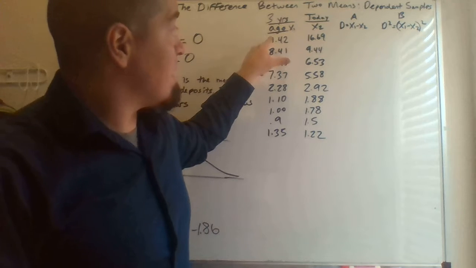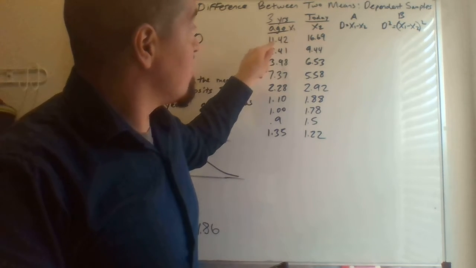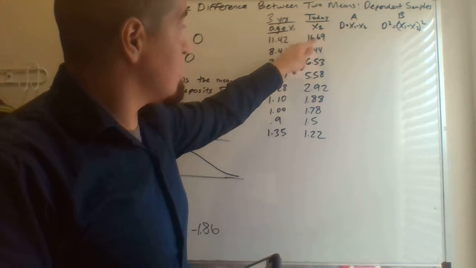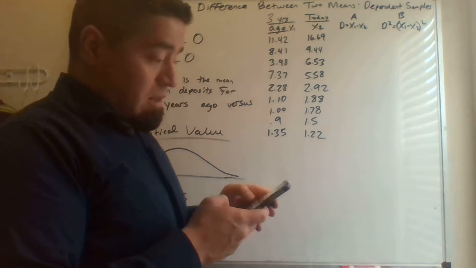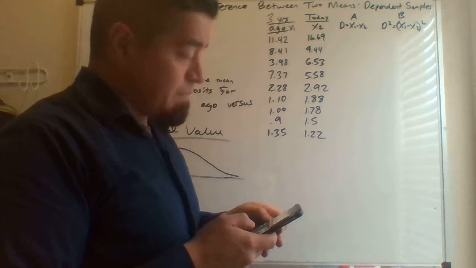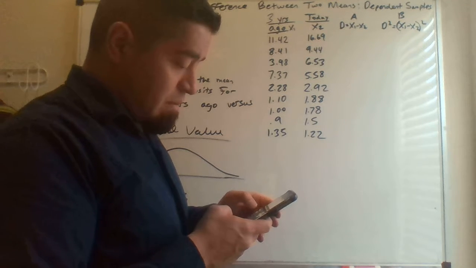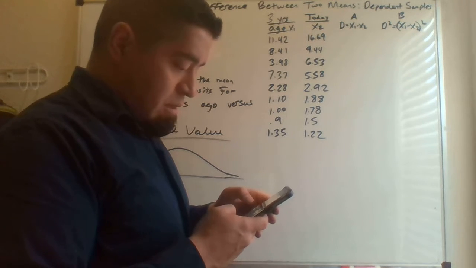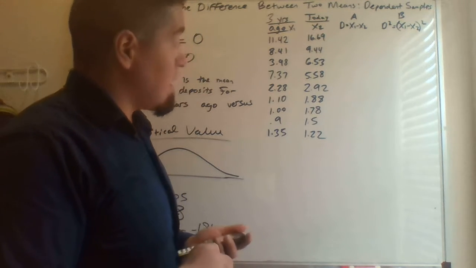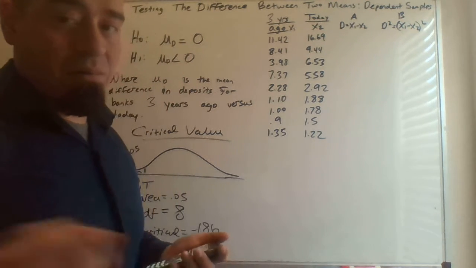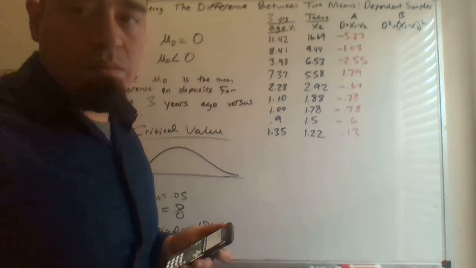Of course, you can do it manually, subtracting 3 years minus today for each of them, but that takes too long. So go to the top of list 3, put L1 minus L2 on that list, and you should get the differences.